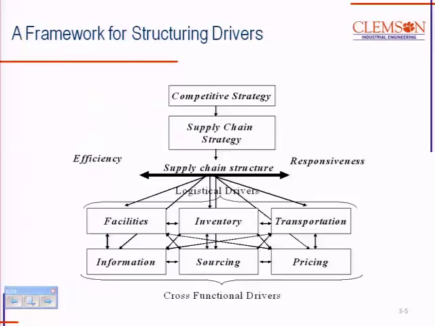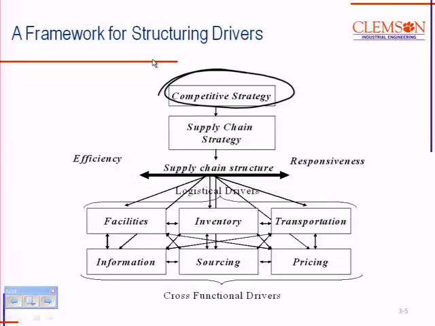So the framework can be proposed like this. You start with what is your competitive strategy that you're trying to achieve. When you know what that is, or you have an idea of what you want that strategy to be, that can lead towards, okay, what does my supply chain need to look like to accomplish that kind of competitive strategy?